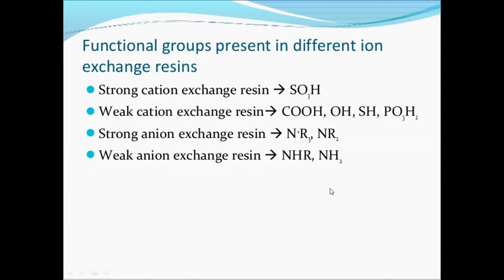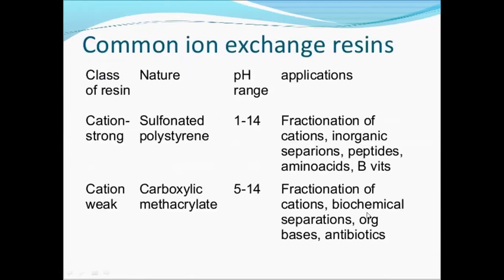So different sulfonic group, carboxylic group, hydroxylic group, phosphoryl, amines. Different functional groups are present on the resins, and these functional groups are replaced by the ions which are present in the sample or in the solution.